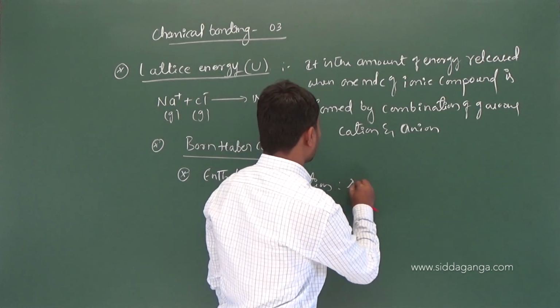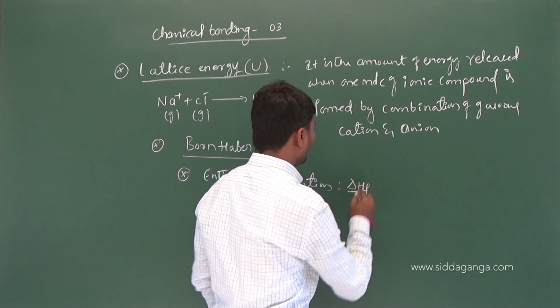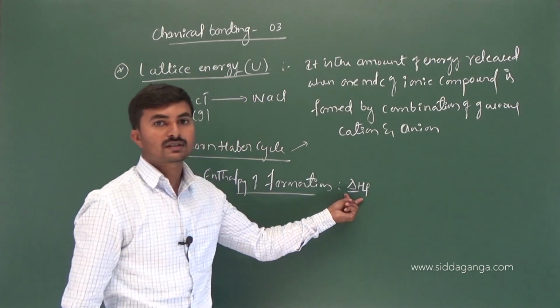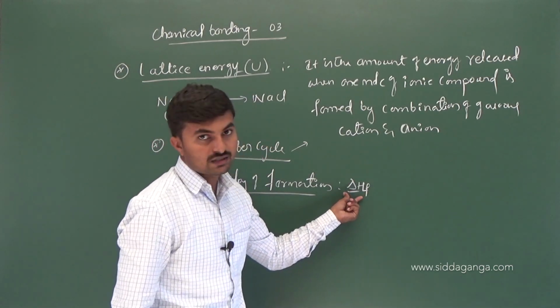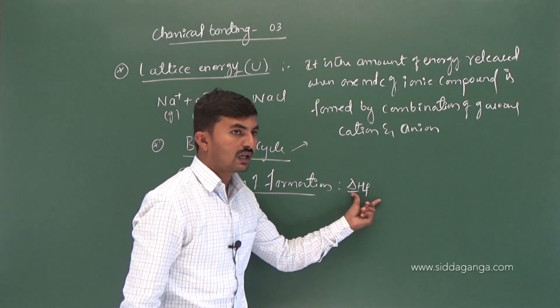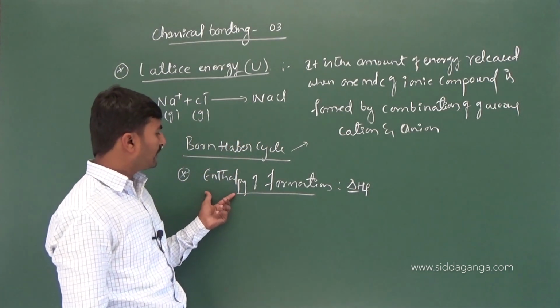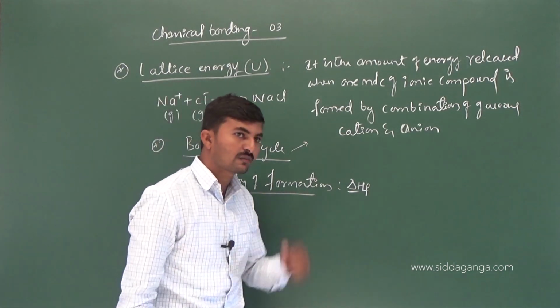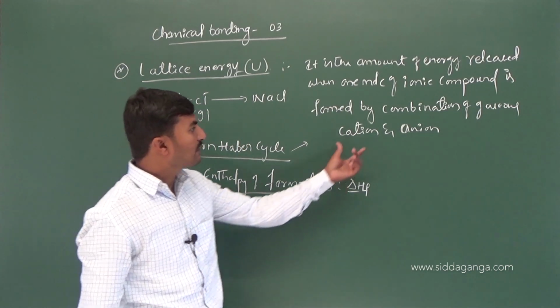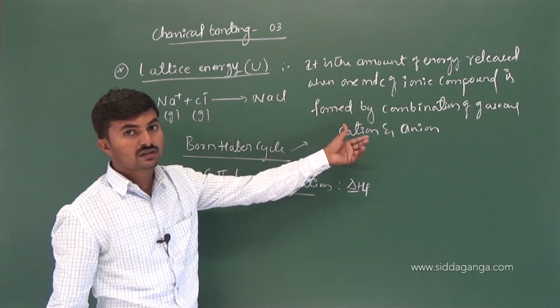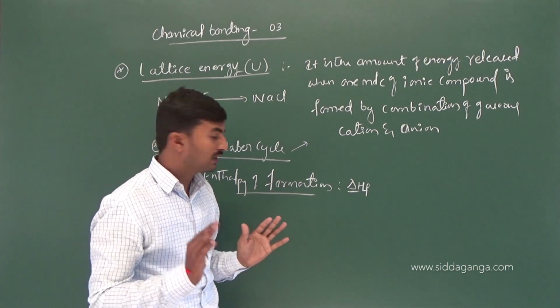We can represent it like this, delta HF, where delta H represents the enthalpy or heat of formation. Now, what is meant by enthalpy of formation? This concept is similar to that of lattice energy, but it is not exactly equal.